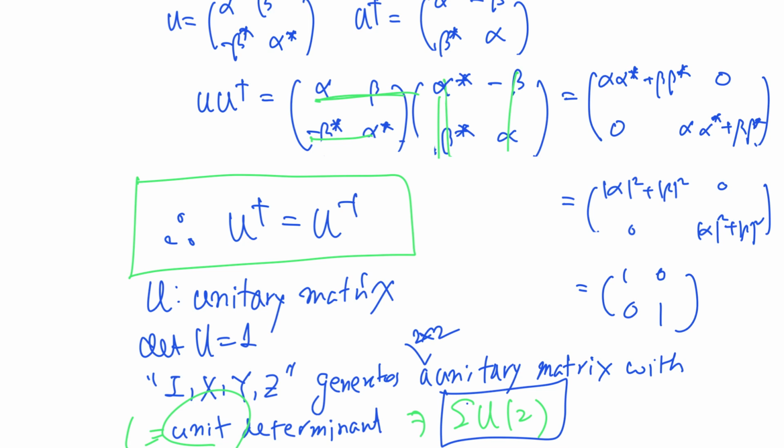You can actually build 2 by 2 unitary matrix out of I, X, Y, Z. In general, you can build any unitary matrix with I, X, Y, Z for 2 by 2.